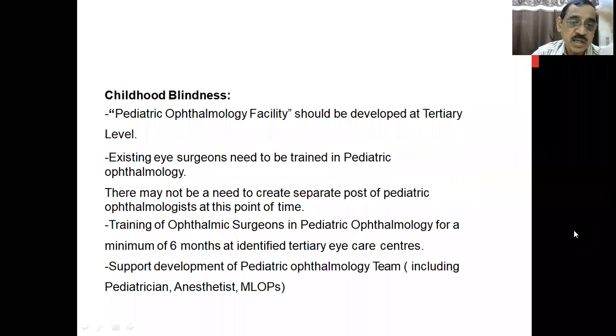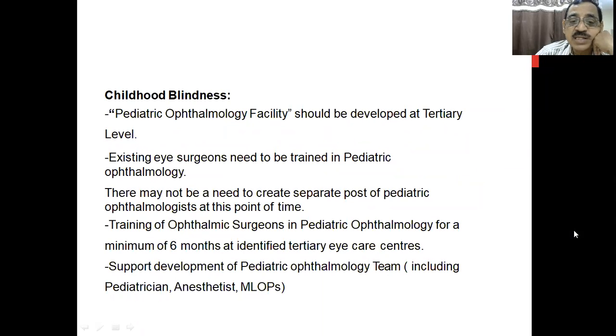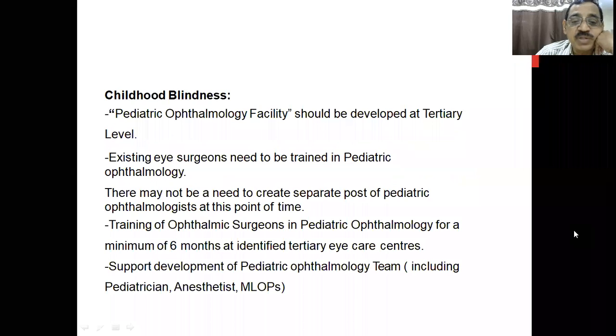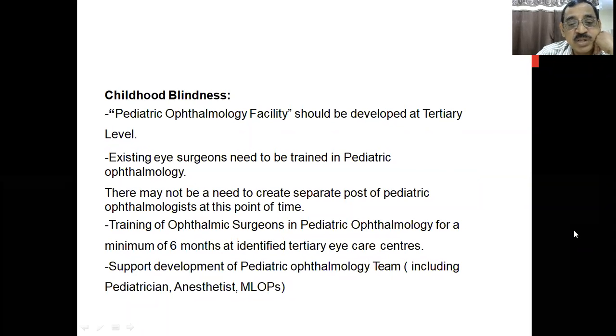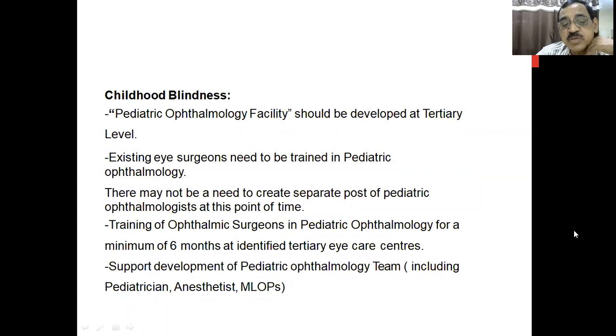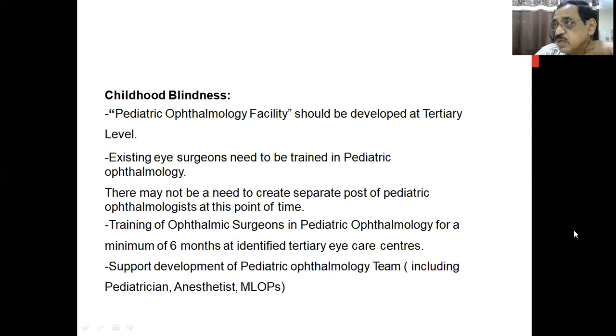Childhood blindness, again, this is important. Pediatric ophthalmology facilities should be developed in tertiary care hospitals, and existing eye surgeons need to be trained in pediatric ophthalmology. And there may not be a need to create a separate post of pediatric ophthalmologist at this point of time. Training of ophthalmic surgeons in pediatric ophthalmology for about 6 months or more.